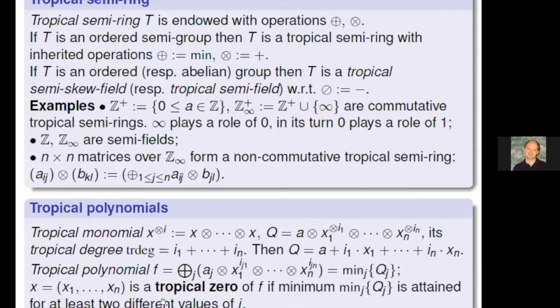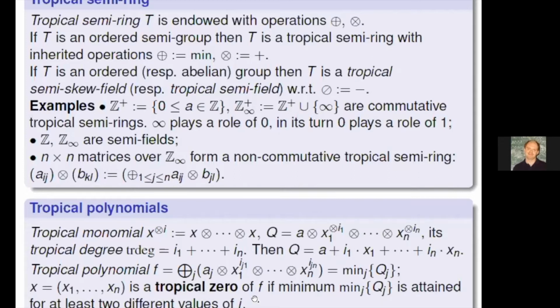But what really differs, and is some psychological problem, at least at the beginning of studying tropical mathematics, is how to define the tropical zero. It is defined as follows. Look, x is a tropical zero of the tropical polynomial f if the minimum in this tropical polynomial is attained for at least two different values of j.